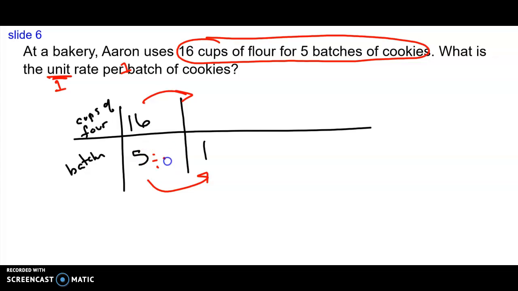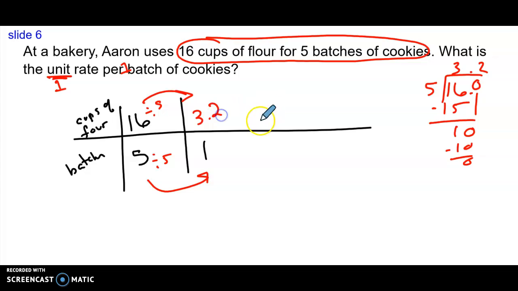You're going to divide by 5. 5 divided by 5 is 1. 16 divided by 5, well, take your calculator. 16 divided by 5. 5 goes into 16 3 times. 1 left over, and next a decimal. Bring it straight up and a 0. 5 goes into 10 2 times.